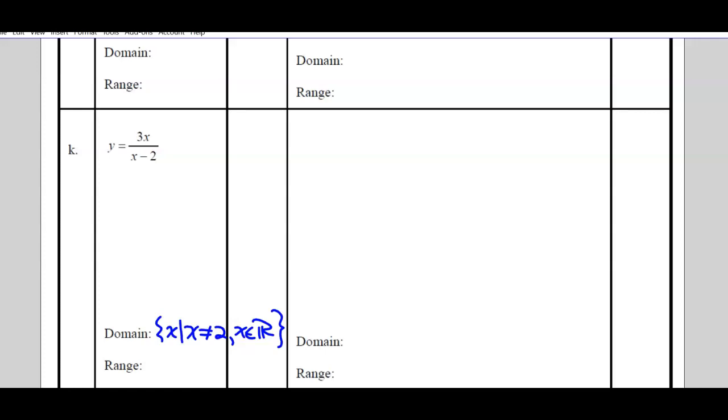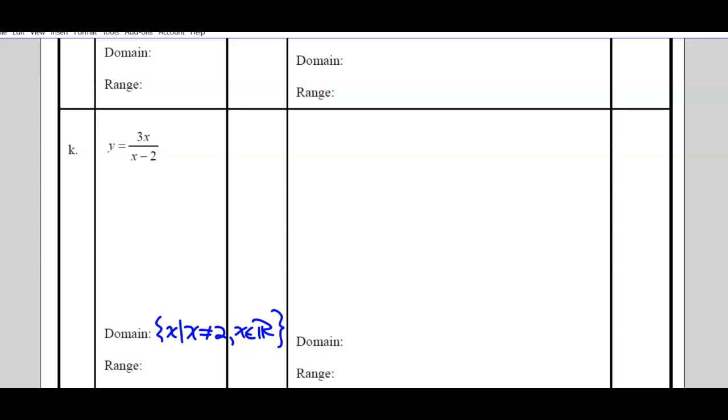It's really close to 3,000,000 over 999,998. 3,000,000 over a number that's almost 1,000,000. The minus 2 barely does anything to a really big number.